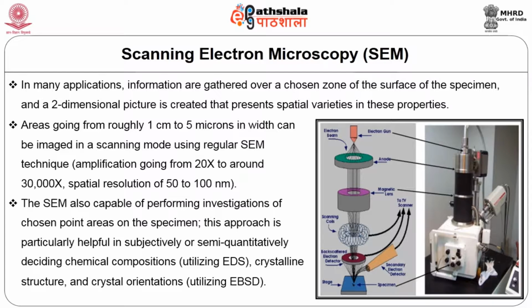Amplification ranging from 20x to around 30,000x and spatial resolution of 50 to 100 nanometers are also possible in this SEM. The SEM is also capable of performing investigations of chosen points and areas on the specimen. This approach is particularly helpful in qualitatively or semi-quantitatively deciding chemical compositions, crystalline structures and crystal orientations.